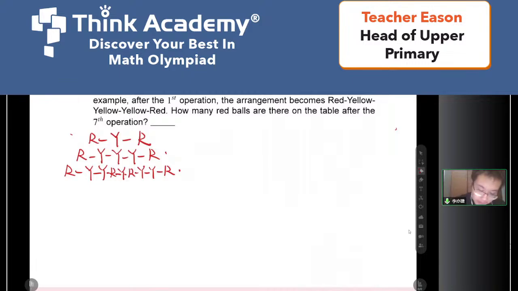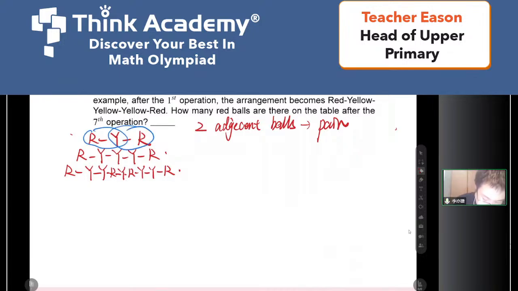So how to determine the pairs? We just treat two adjacent balls to be called a pair. So now the first row we would have 2 pairs. The second row we have 1, 2, 3, 4, 4 pairs, right?